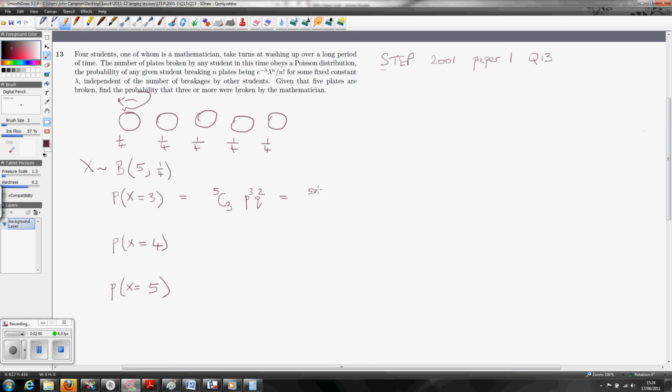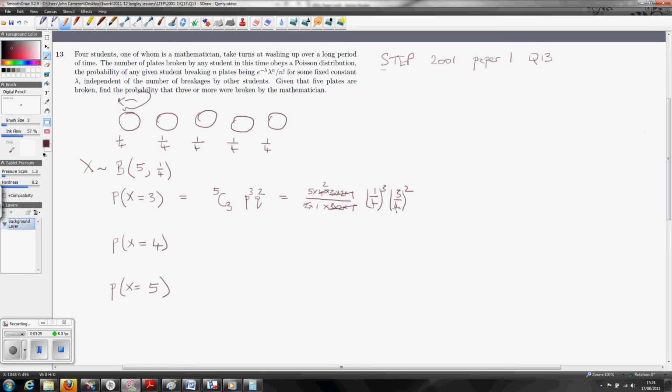That's 5 times 4 times 3 times 2 times 1 over 3 times 2 times 1 times 2 times 1. Okay, so that's 5 factorial over 3 factorial times 2 factorial times a quarter cubed and 3/4 squared.